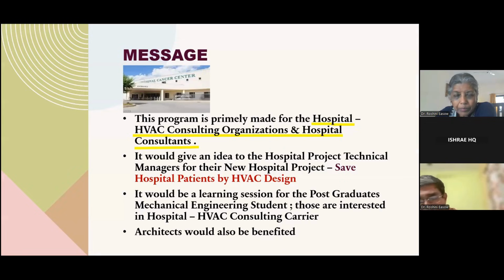This is the second phase. This program is basically made for HVAC consulting organizations and hospital consultants. But it is also helpful for hospital project engineers, those who are making the hospitals, and also for postgraduate mechanical engineering students who are interested in making their career in hospital HVAC or HVAC consulting.